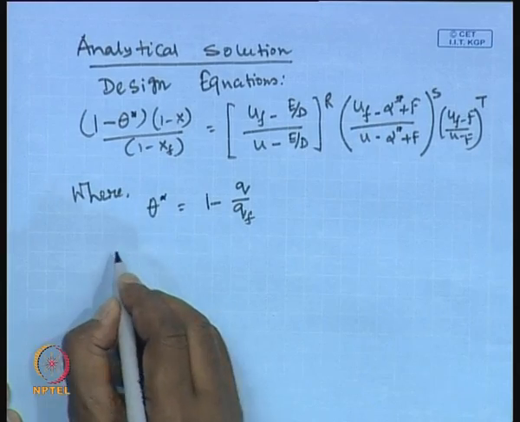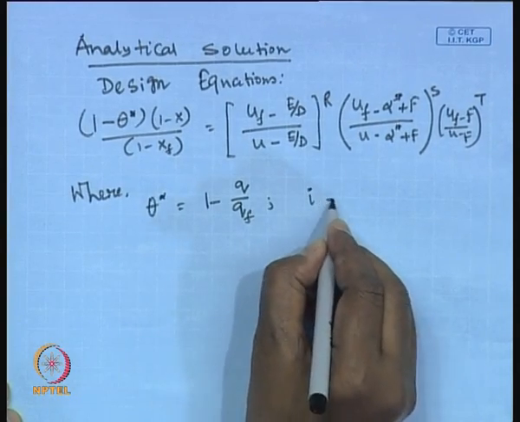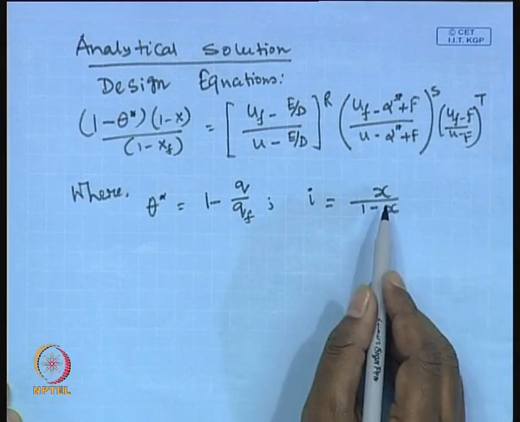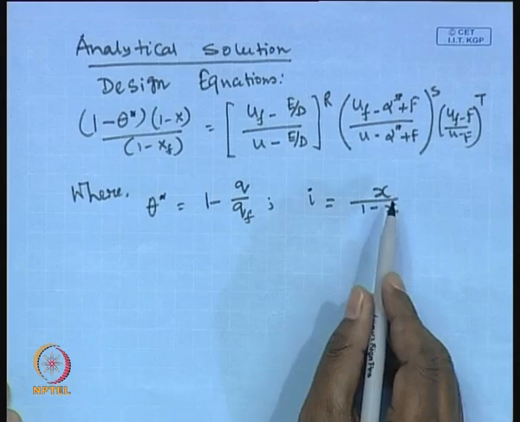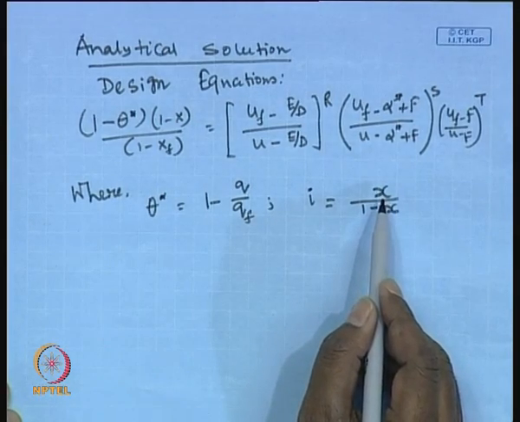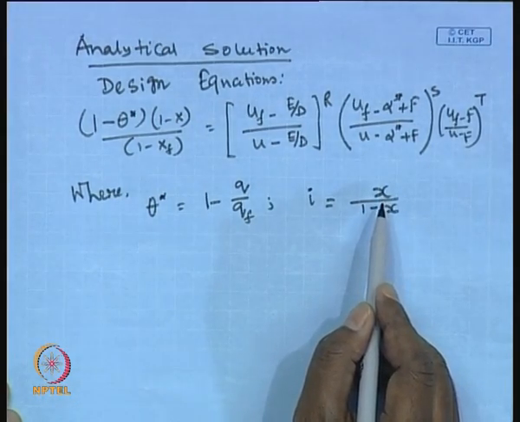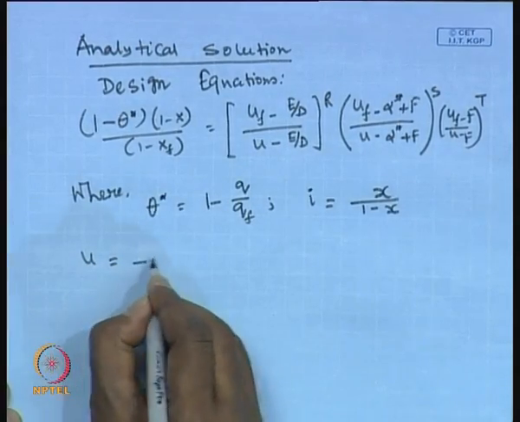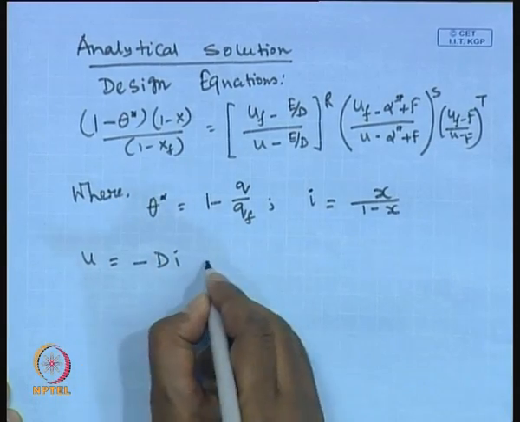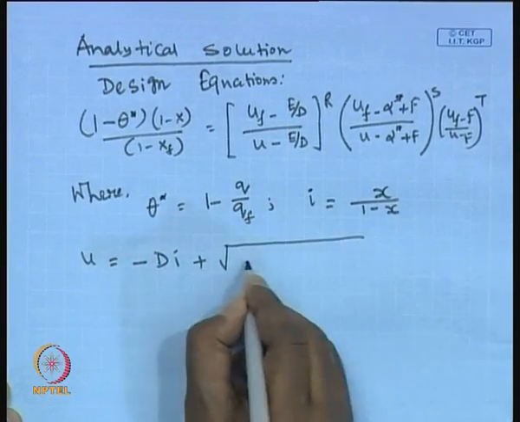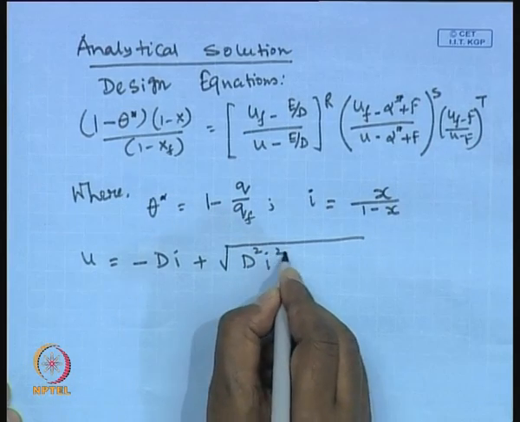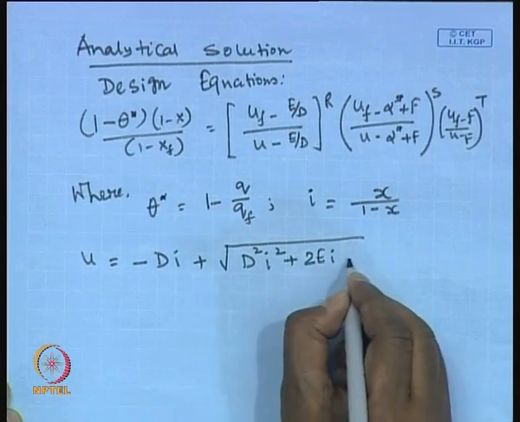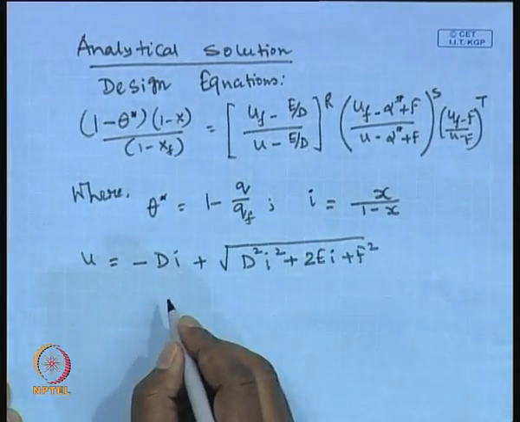We define a quantity called I. I is defined as x divided by 1 minus x. Basically, this is the ratio of the mole fraction in the reject stream of component A and component B. Okay. And u is given as minus d times E I plus the square root of (d squared I squared plus 2 E I plus f squared).